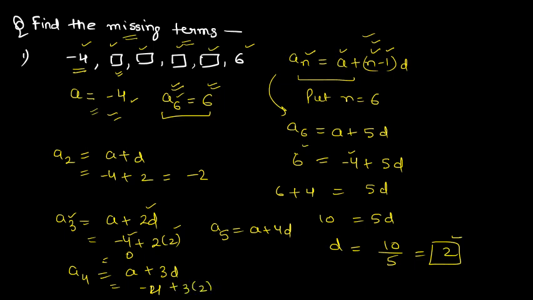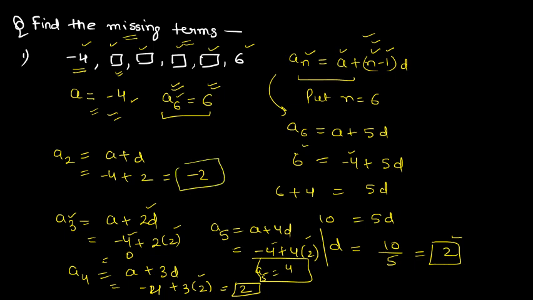D is what? 2. 3 times 2 is 6, minus 4 is 2. And then A5: this is A, which is minus 4, plus 4D. D is what? 2. So minus 4 plus 8, that is 4. Correct. So these are all the values which you can have in place of these blank boxes, right?